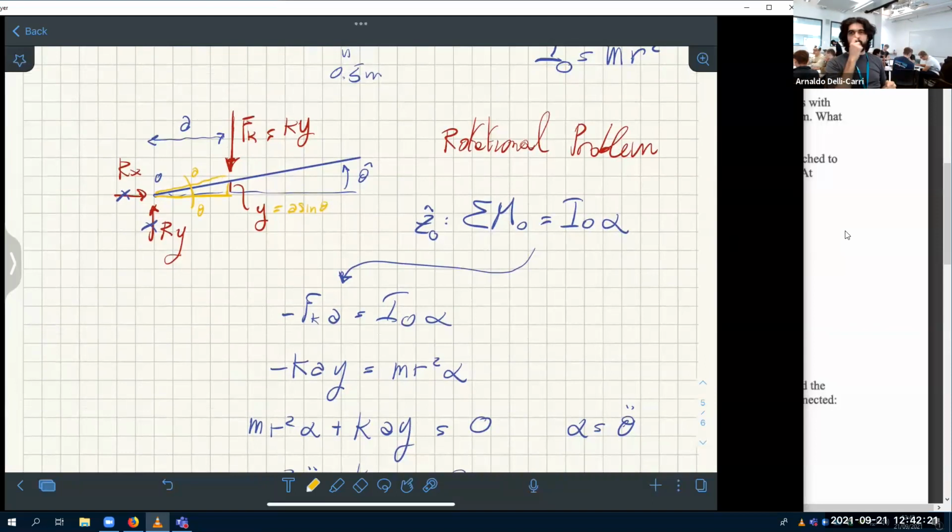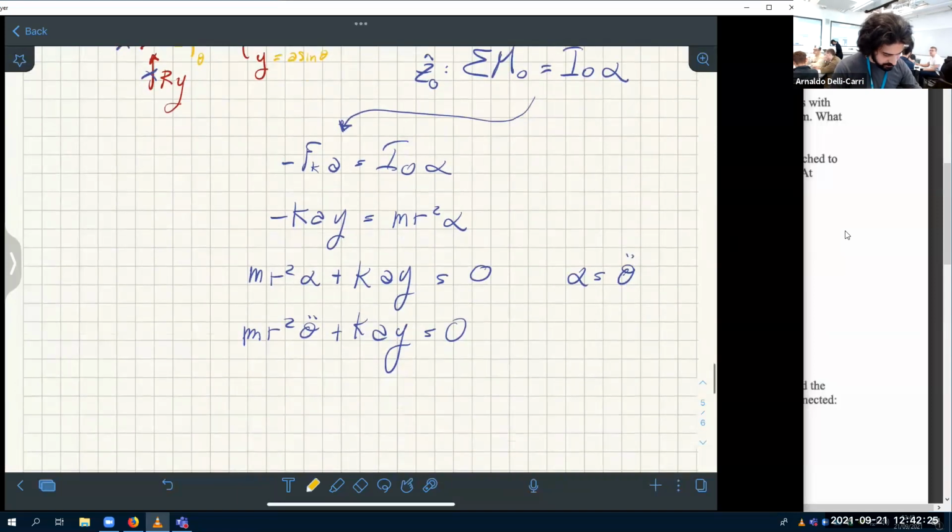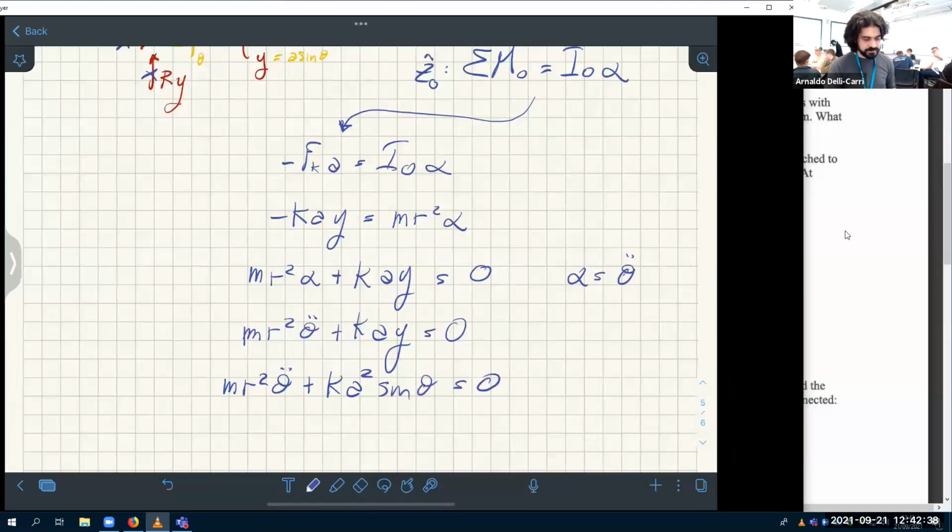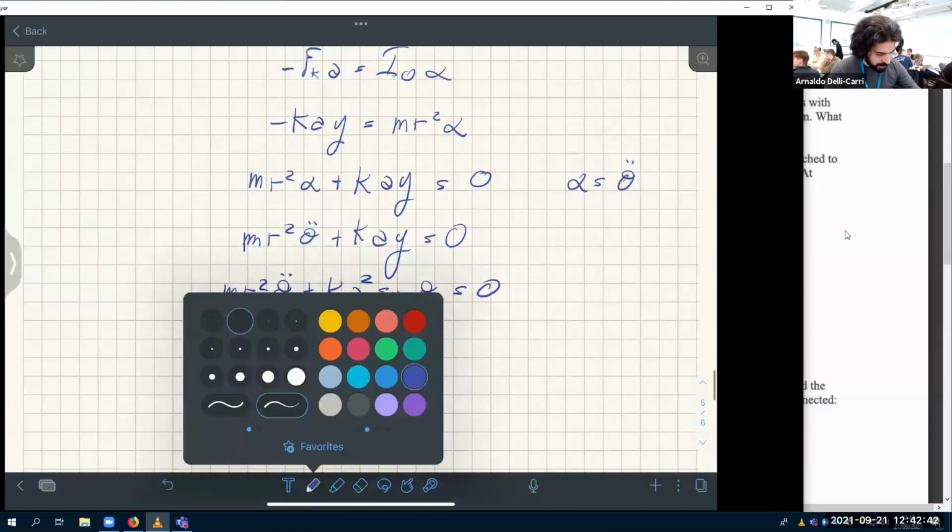So we can use the small angle approximation. First of all, this becomes M R squared theta double dot plus K A squared, because remember this is A sine theta, equal to 0. But now let's use the small angle approximation.